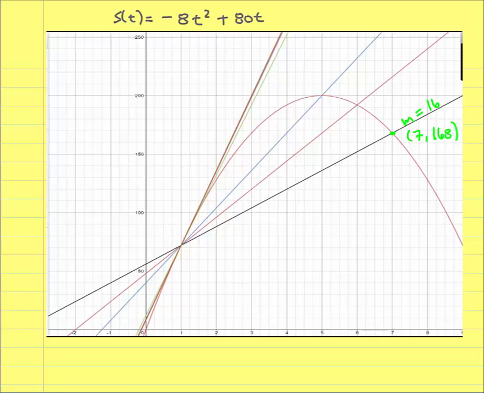Then I went through and I did that, and this is coming directly from the table that we did up above. The slope of my next one was 24. And again, this was that ordered pair that went through 1, 6. So this was that ordered pair 6, 192. And again, these values came off the table.